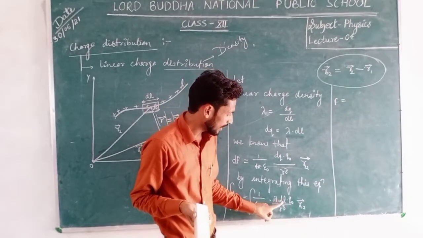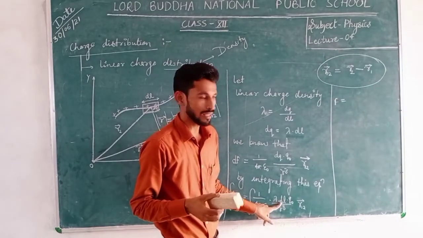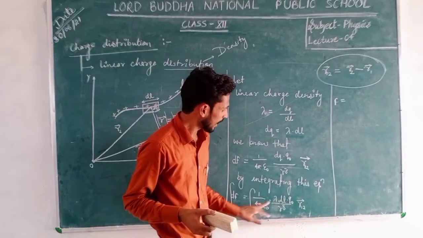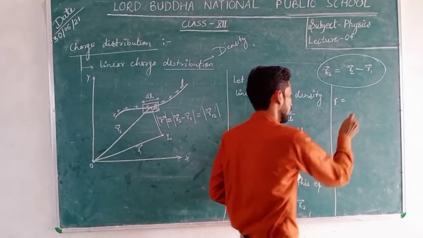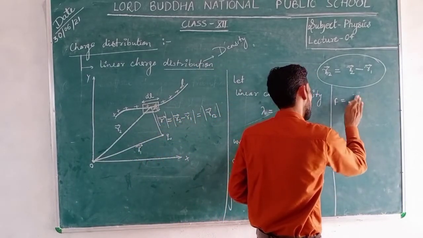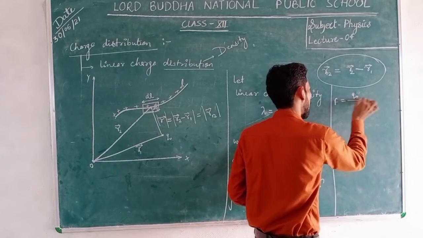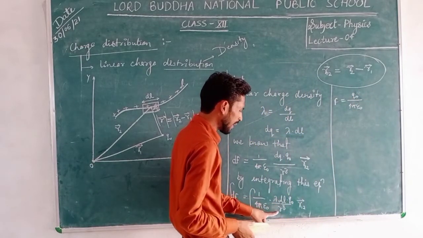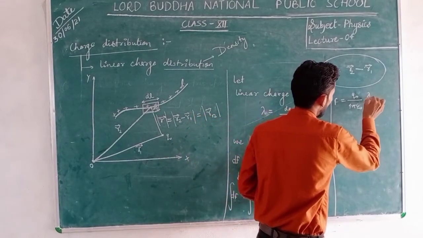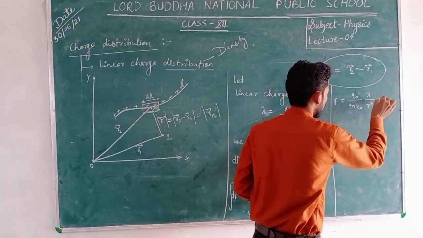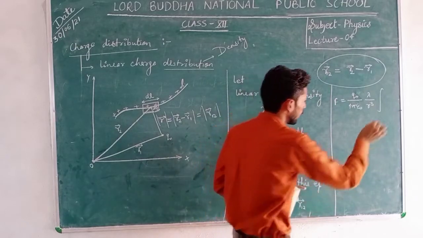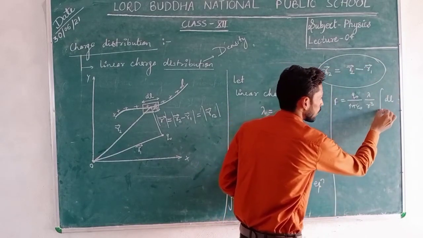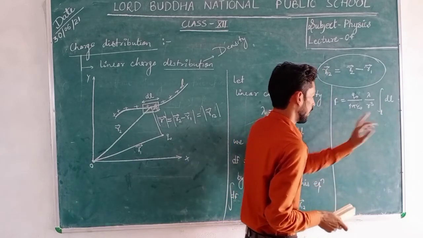So only dl is the variable term. So the variable term is in integral form and the other terms are outside the integral. So q naught upon 4 pi epsilon naught and also lambda upon r cube, and in the integral form there will be dl, over the effective length L.